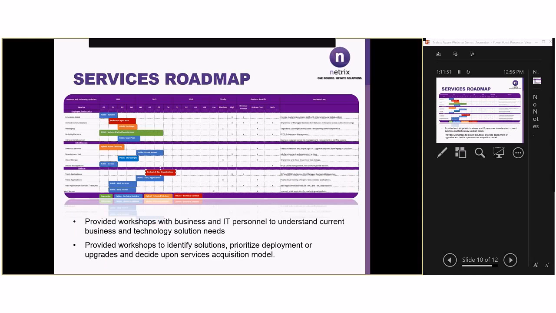So what Netrix did with them was develop an online services roadmap. We worked with them on the delivery of these solutions and technologies, but very important to us at the very beginning was to help map out a strategy around how to take on some of these different workloads. At a very high level, this was not just focused on the Microsoft Windows Azure platform.